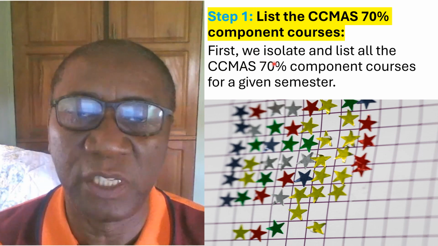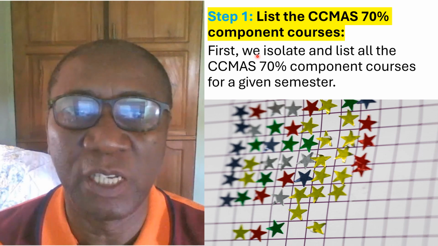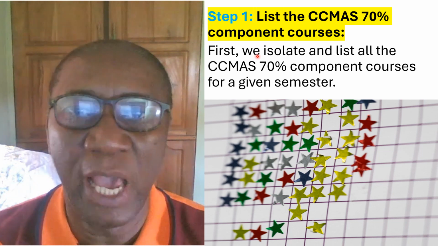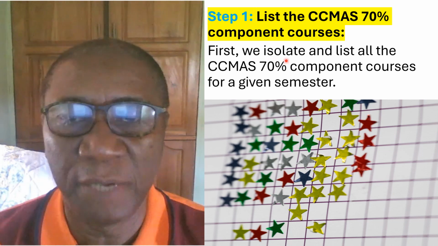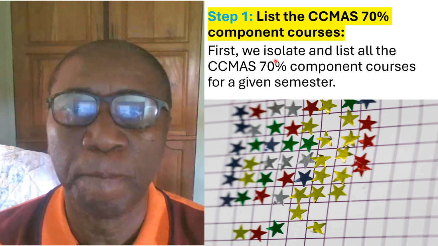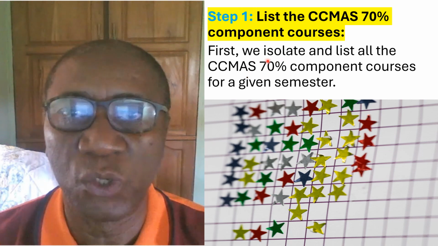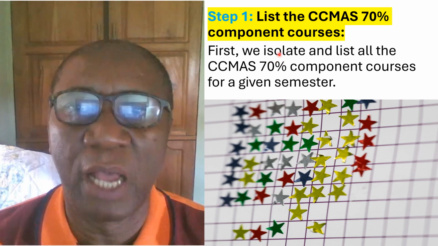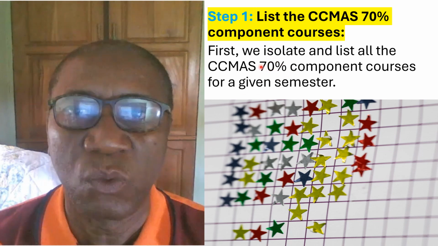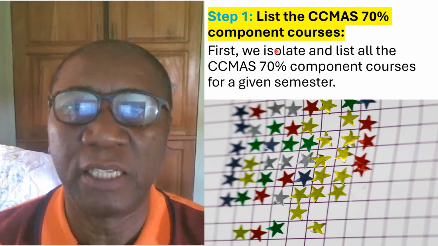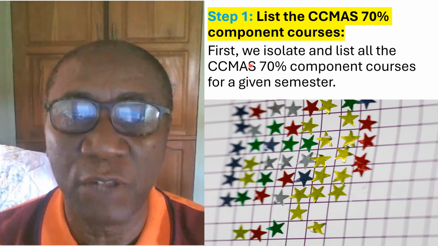How do you know the first semester courses? They are the courses whose course codes end with an odd number. And of course, the second semester courses are the courses whose course codes end with an even number. So now all that were recorded in the 70% CCMAS in no particular order.